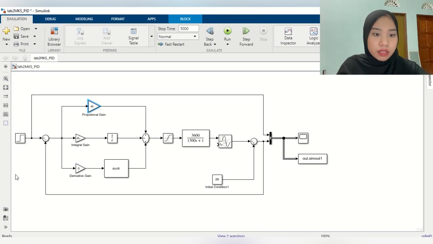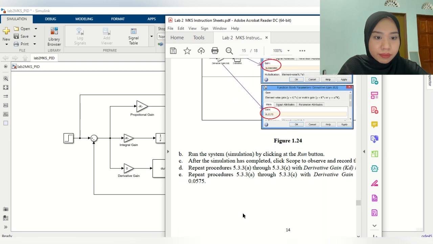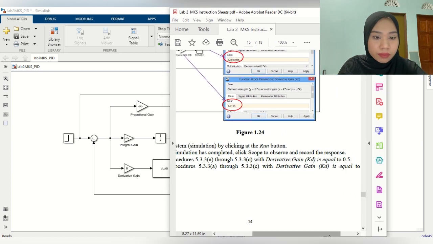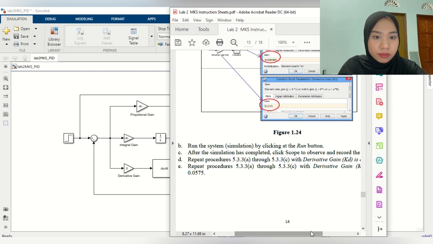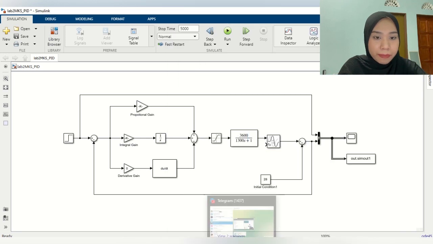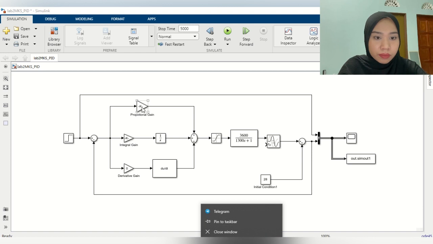The next part is the PID controller. For the PID controller, we will need to change the value for each gain. For proportional gain, it is the same.